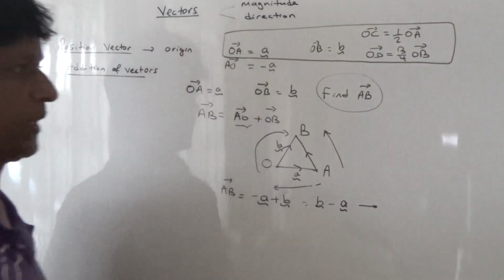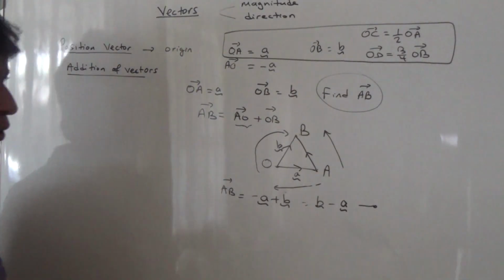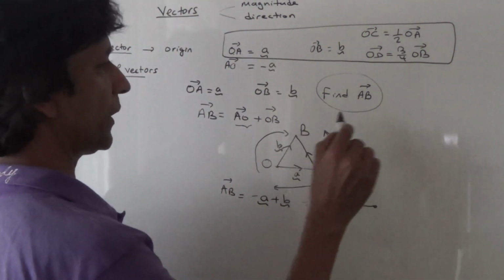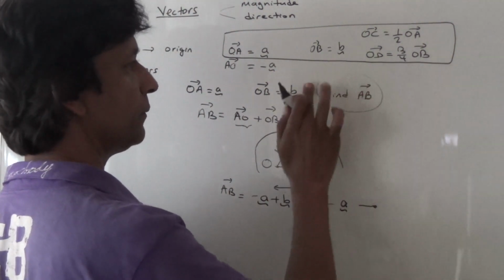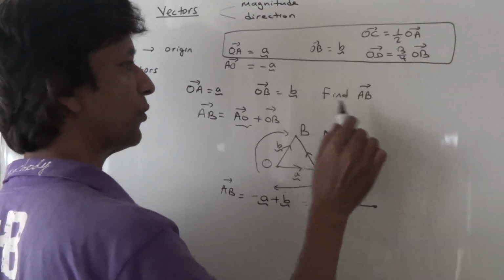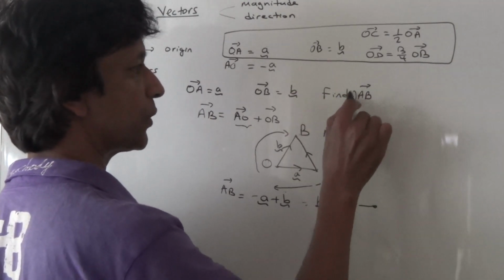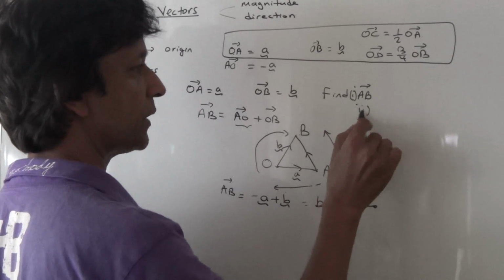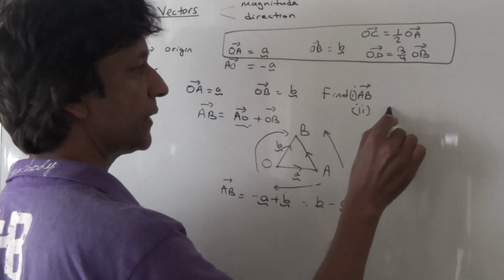Using this information, for the second part, I want you to find the vector CD.